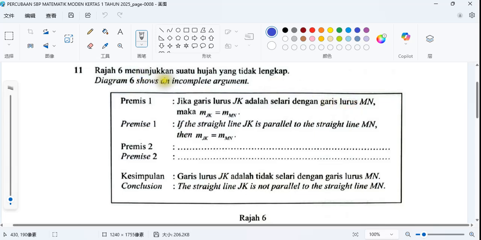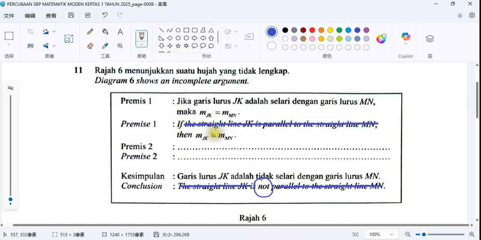The diagram shows an incomplete argument. If the straight line JK is parallel to MM, then the gradient of JK equals the gradient of MM. So, not parallel. Okay, so this and this.